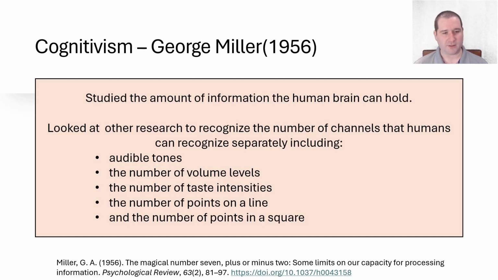Okay, 7 plus or minus 2. So right about there, the brain really starts to struggle separating one idea from another once we get to around 5 to 9 categories. And he found this example in all sorts of fields with all sorts of, I guess, different channels. So quite interesting there.